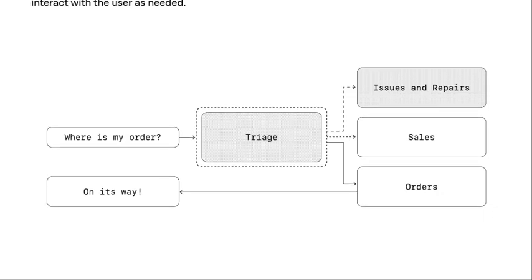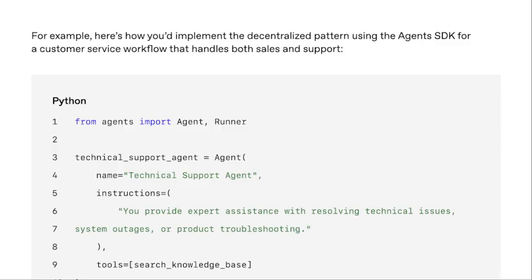So this is how we can go through the agents. For example, here is how you would implement the decentralized pattern using the Agent Software Development Kit for a customer service workflow that handles both sales and support.